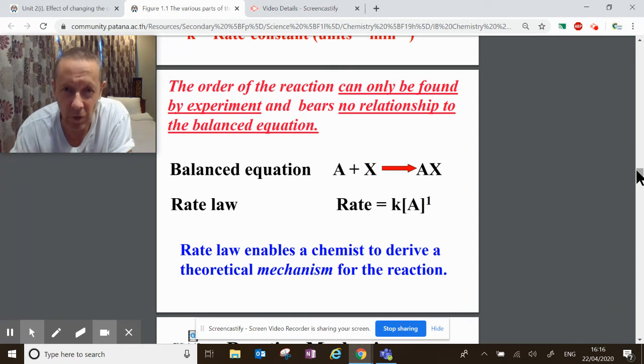You've got to know something about what's going on during the course of the reaction. So, the balanced equation, A reacting with X in a 1-to-1 ratio, giving a product AX. Apparently, based on experimental data, the rate equation shows that the concentration of X has no effect on the rate of reaction.